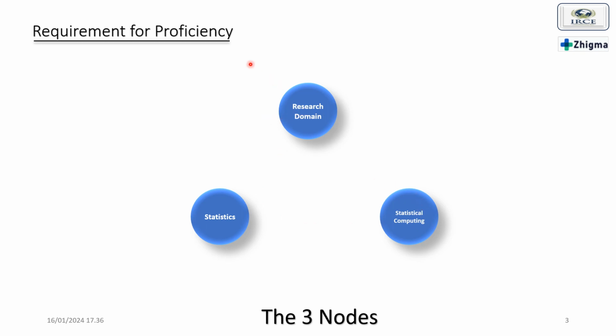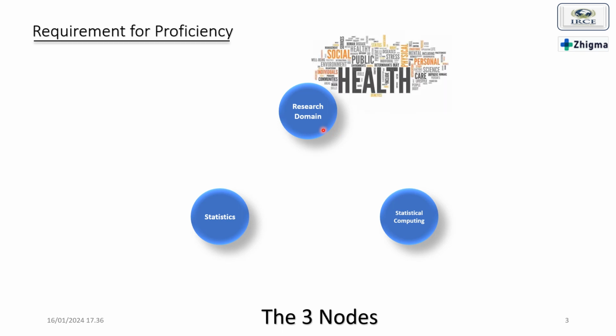To be proficient in R, you need to have a sufficient knowledge in each of these domains or nodes. The research domain simply means that before you can really gain full proficiency in R, you should be very conversant with the area of research that is generating your data. You should understand your data.